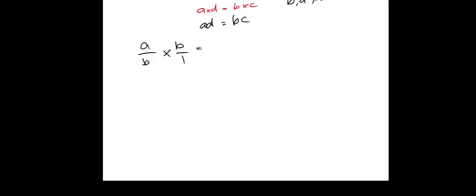And I'm going to be okay doing this because I'm going to do it to the other side as well. Later on, when we do the rules of algebra, you'll see that we can do anything as long as we do it to both sides of the equation.